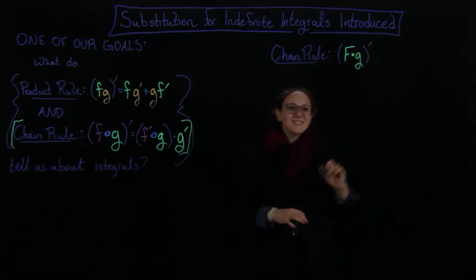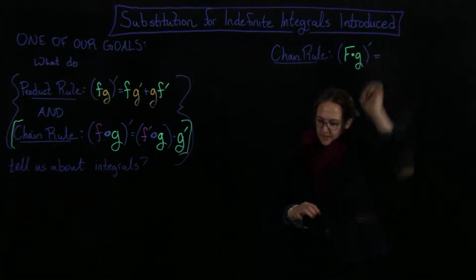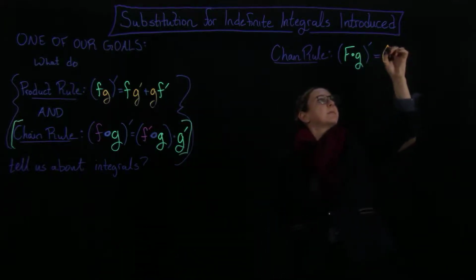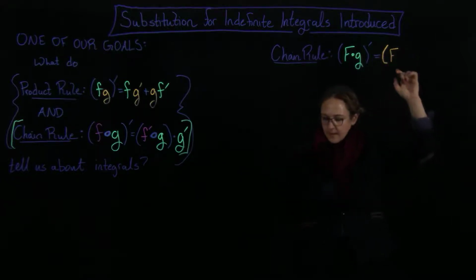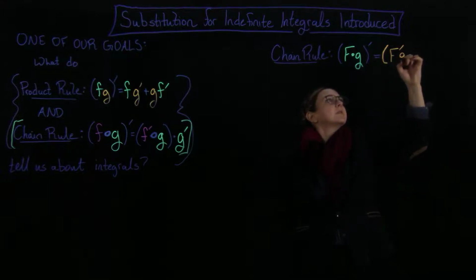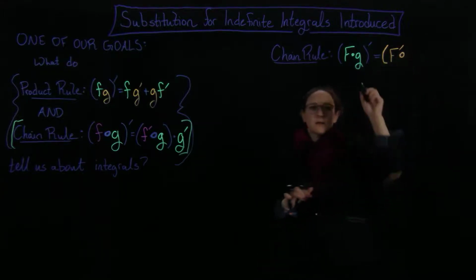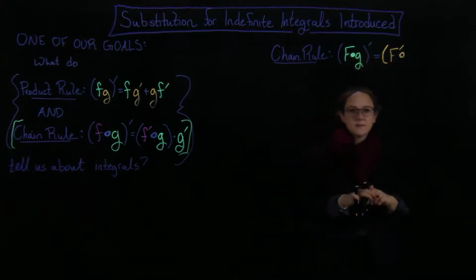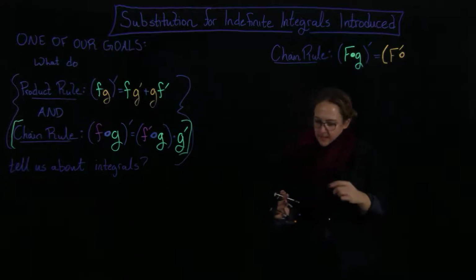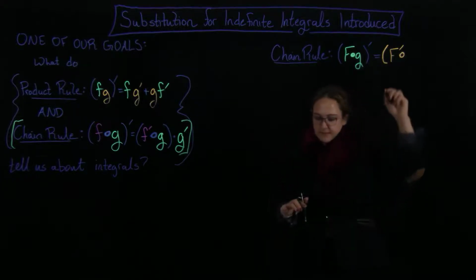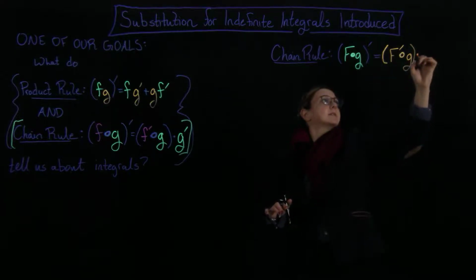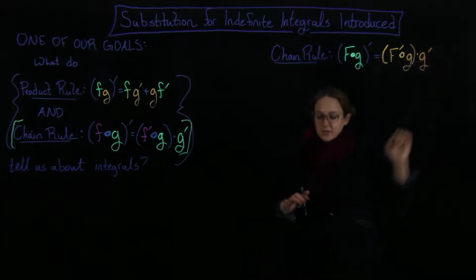Okay, so I have this, and this is going to equal F prime, and then this is composed with, I hope I made that composed with distinct enough, that's a big open circle. It's not a product, that's a composition. And we have this derivative here with this, and then this is going to be multiplied by, it's just a dot for multiplication, the derivative.